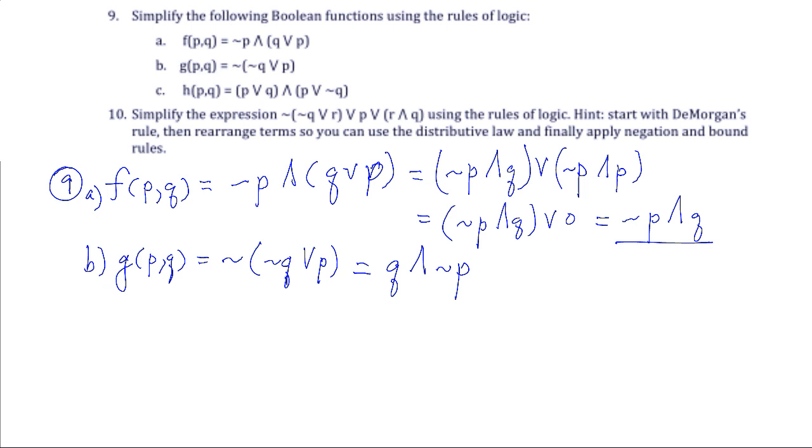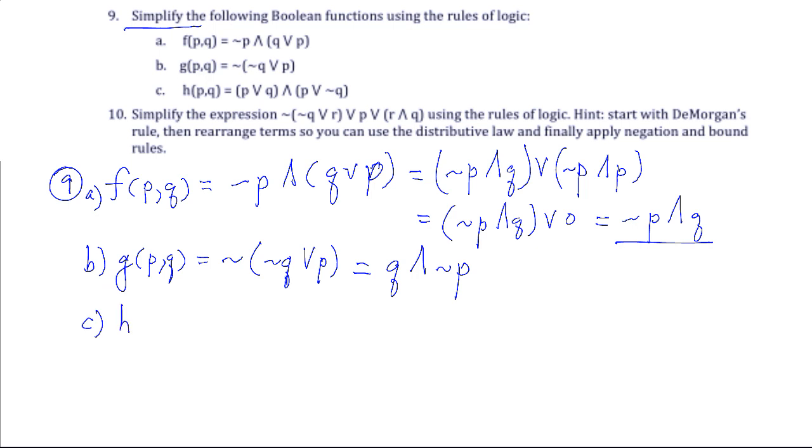Q and not P. Hey, it's just the same as the previous one, it turns out. These two parts A and B are equivalent, it turns out. And I guess you could say that this is simplified because it has fewer symbols in it. In any case, that's what I was looking for there.